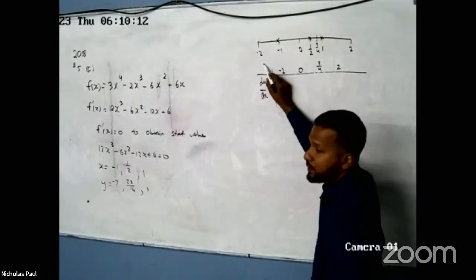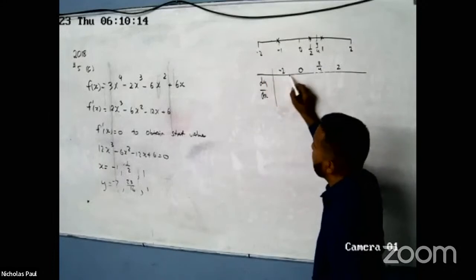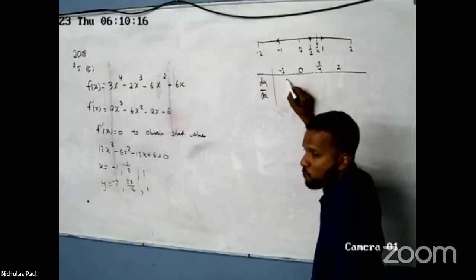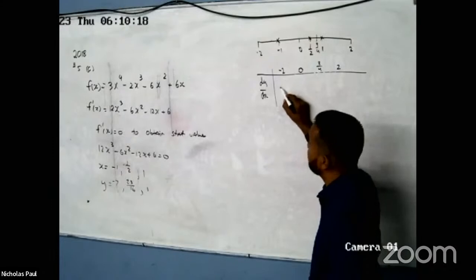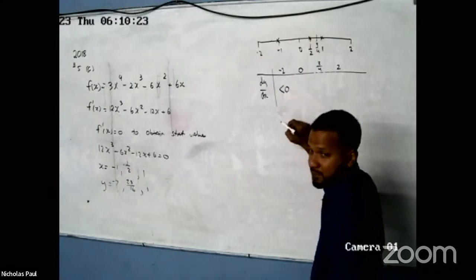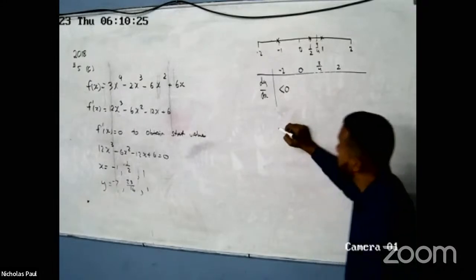When x is -2, in your first differential, tell me what you get. You assume it's less than 0? Less than 0? What's the next one?